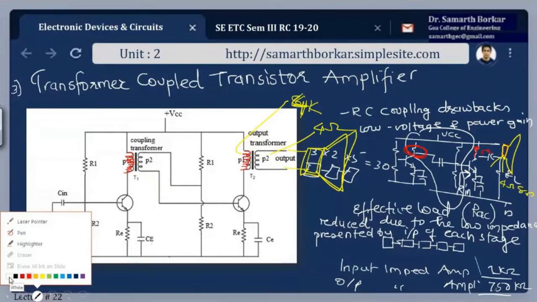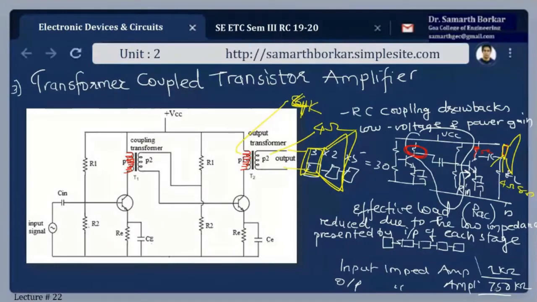Now, if we talk about the RC coupled amplifier, the difference in the circuit construction is that the diagram you see here is the RC coupled amplifier. Here you see the resistors are connected. And why is it referred to as RC?